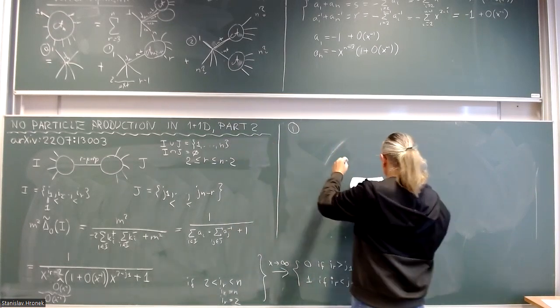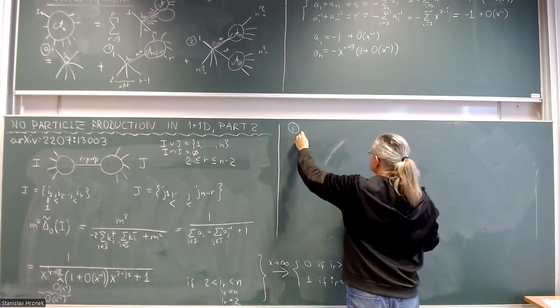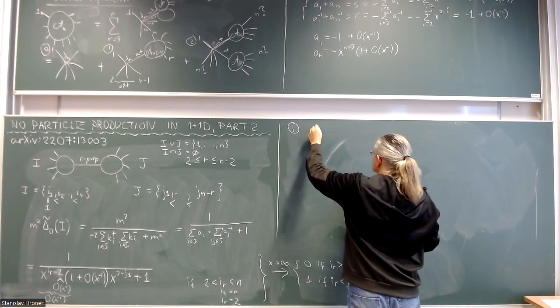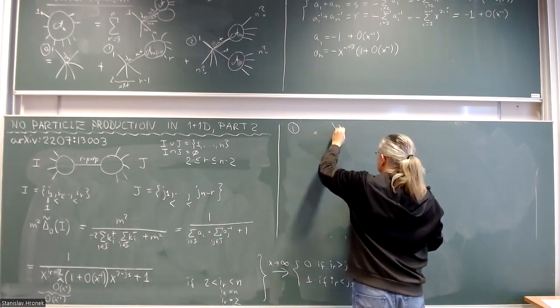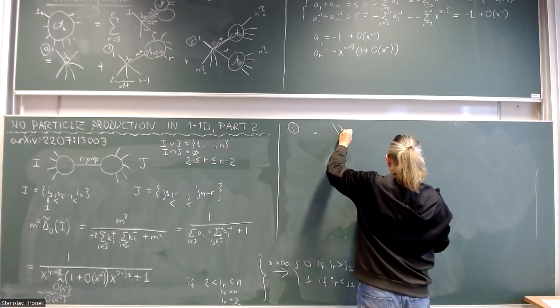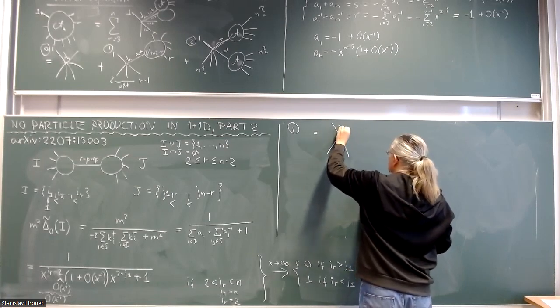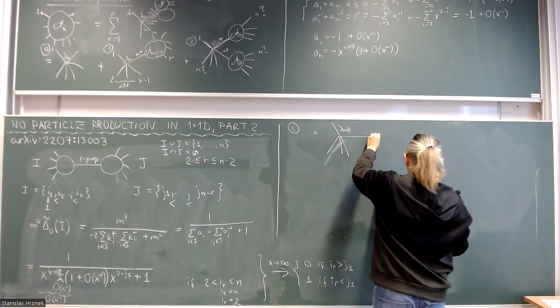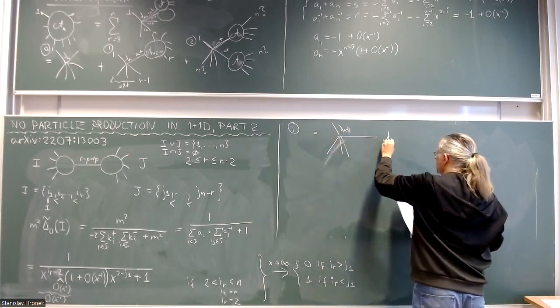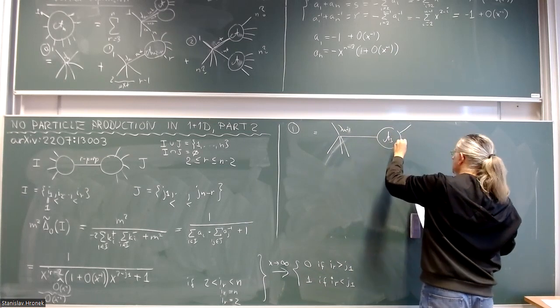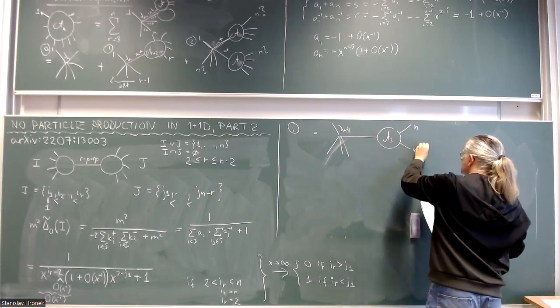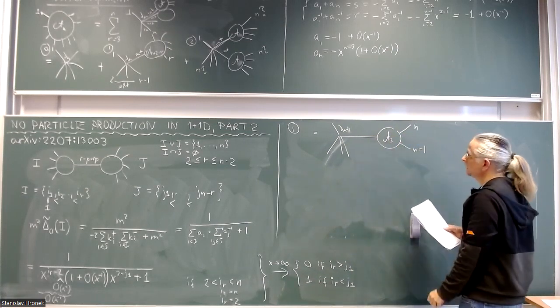So that means that we only get 2 possibilities. One is lambda n minus 1, and then here we get an A3, and then we get here an n minus 1. It has to be like that.